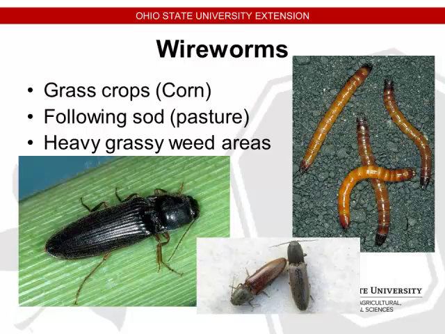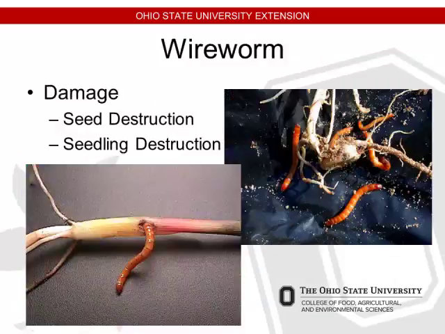So even after the field that was a pasture is converted to crop production, these larvae may linger in that soil for 2, 3, sometimes 4 years after that initial conversion back into crop production. They not only can damage the seed directly, so you can see some of the wireworms here chewing their way through the seed after it has germinated.